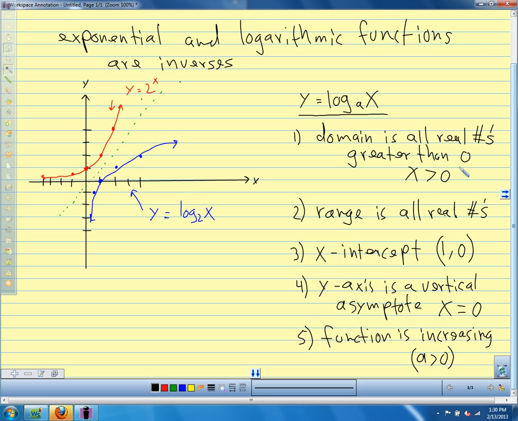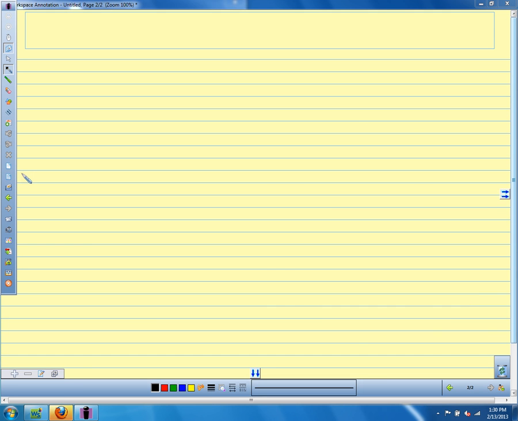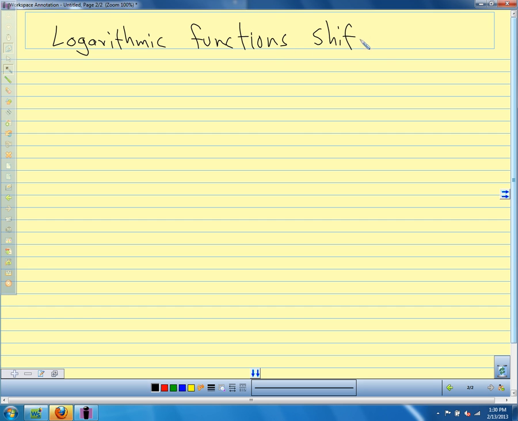So if we're going to graph a transformation, if our graph is shifted, logarithmic functions shift just like any other function that we've already talked about. They shift with the same rules as other functions.